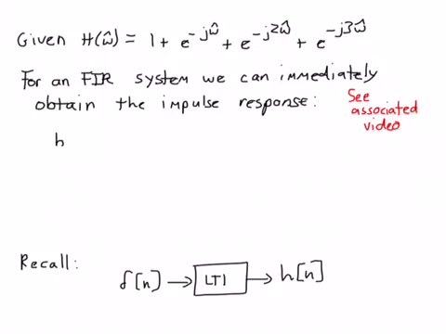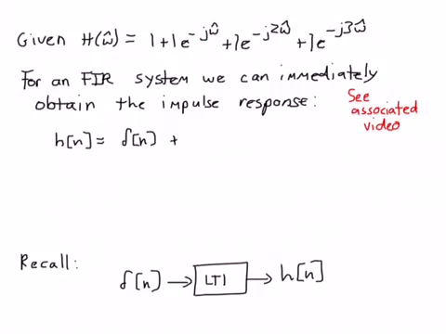But we can just write down an expression for h of n given this H of omega. So what we do, we know that this 1 here is the coefficient of the component at time 0, which is just delta of n. And then this is effectively 1 there, and that's 1 there, and that's 1 there. Those are all 1s. Those are the coefficients for the signal at time 1, at time 2, and at time 3.